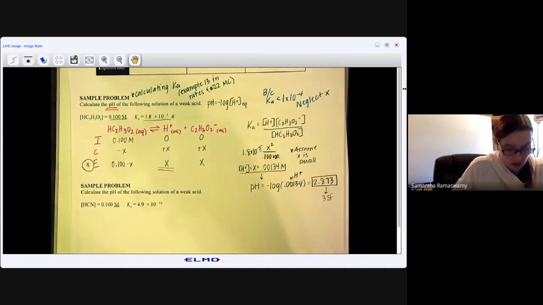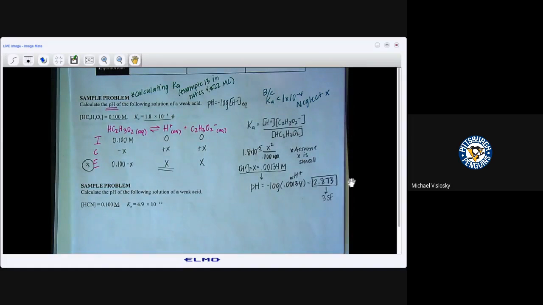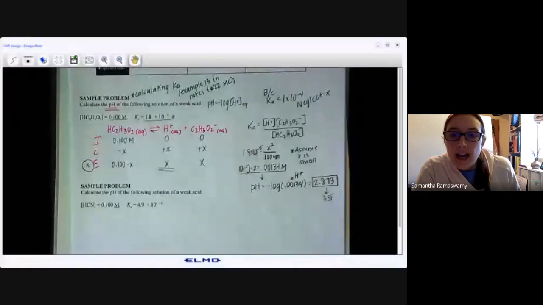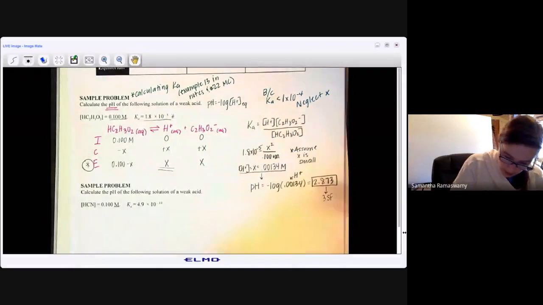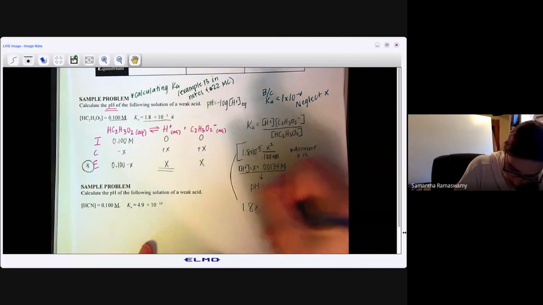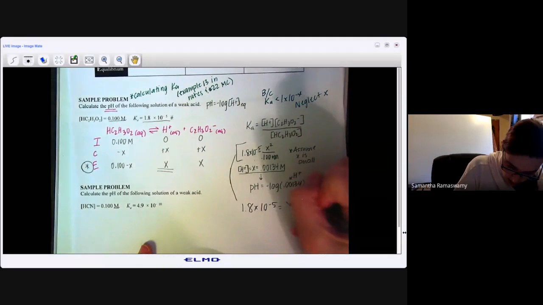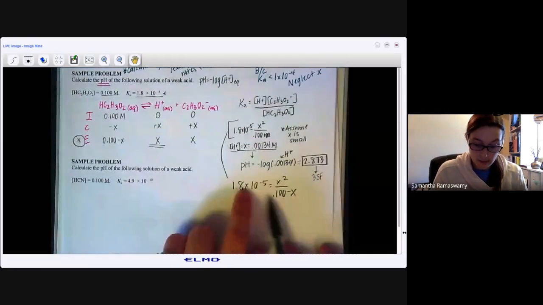Mr. Ramaswamy, I don't get the whole neglecting x thing. Can you explain that one more time, please? Yeah. So I'm going to rewrite this part down here, a little bit bigger. When I plug everything into my Ka expression, it would look like this.